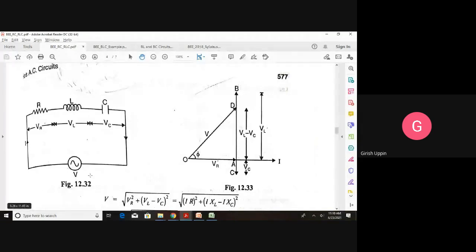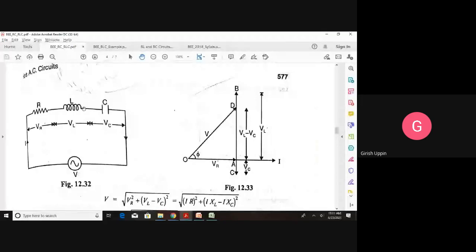This applied voltage results in a current represented by the RMS value capital I, and we will see what the instantaneous equation for this current would be. The applied voltage V will get dropped across each of these components.